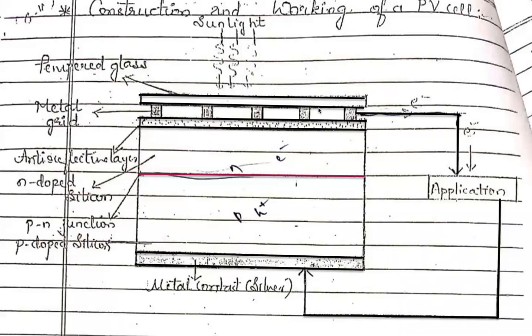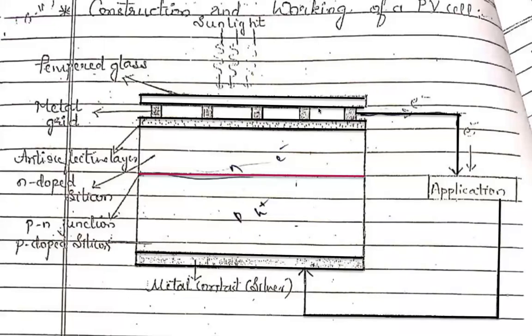So before going into the construction and working of a photovoltaic cell, let us know what photovoltaic cells are. Solar energy is such a huge resource for all of us on this earth, because without it we cannot imagine life being possible. And using solar energy, one of the best inventions is the photovoltaic cell.